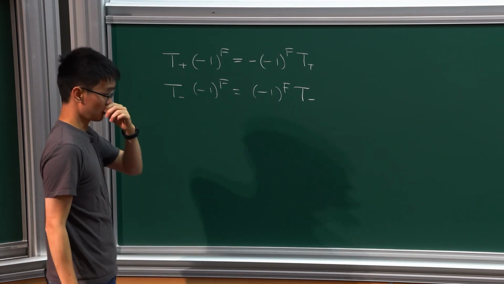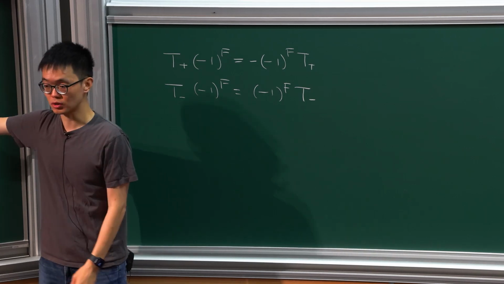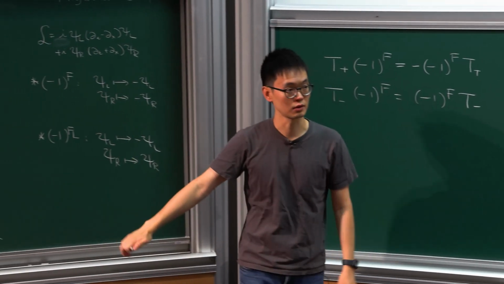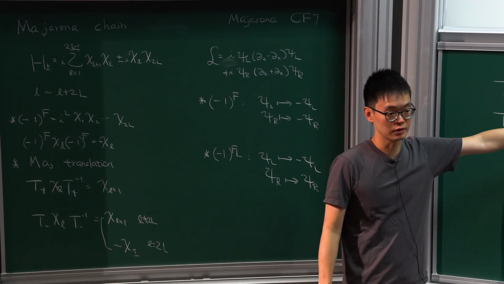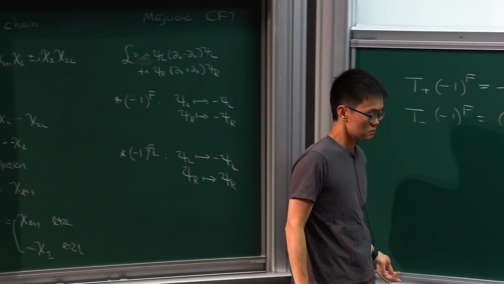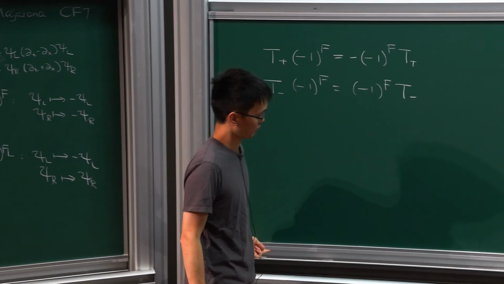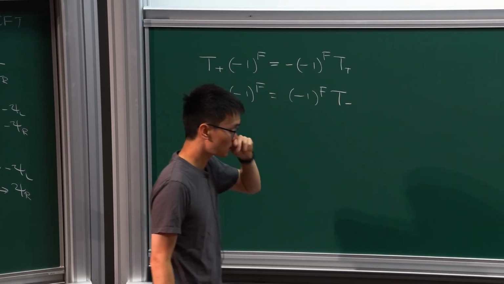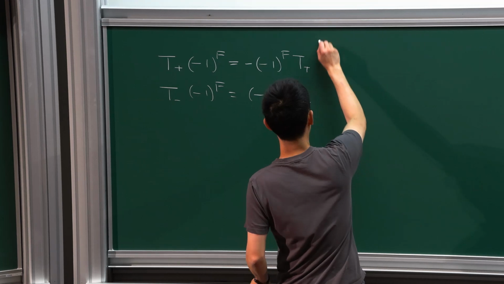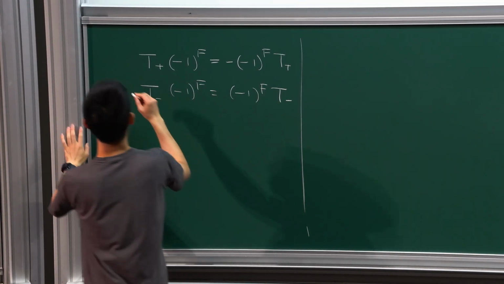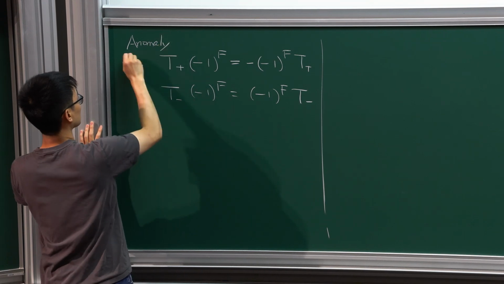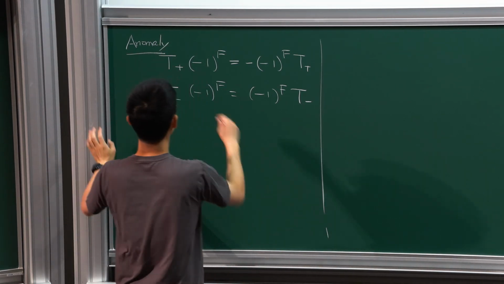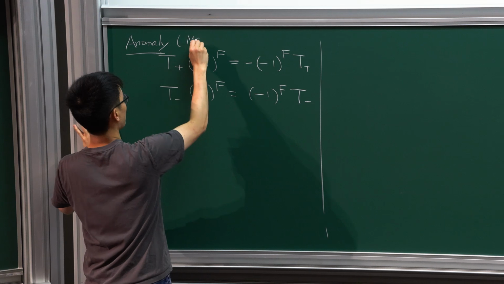This signals an anomaly of this Z2 × Z2 symmetry of the continuum CFT. But it's a very elementary fact you can derive on the lattice, as we did yesterday. So it's an anomaly of the Majorana system.